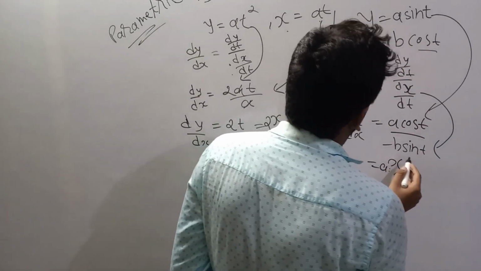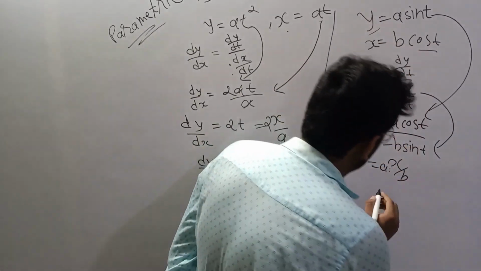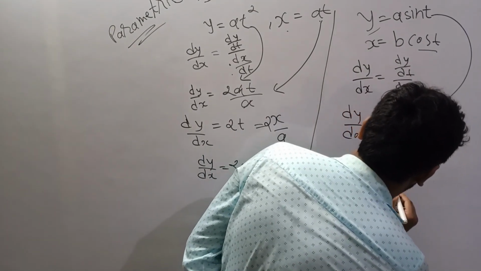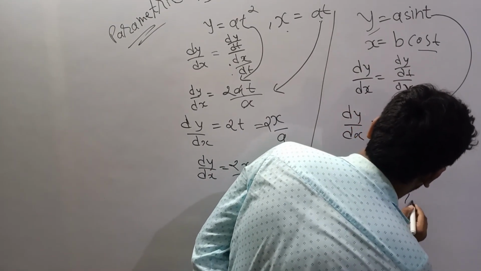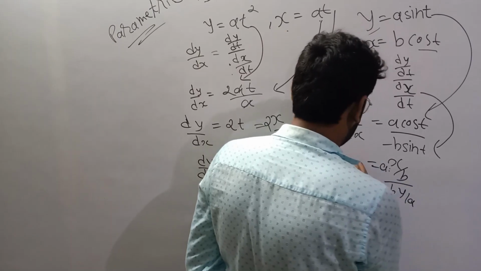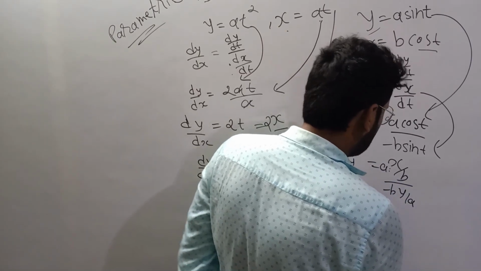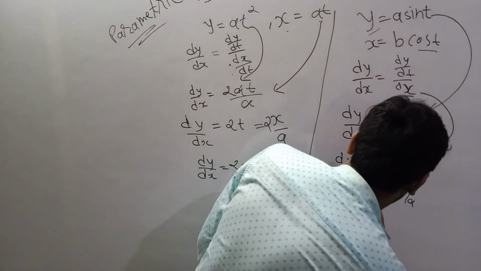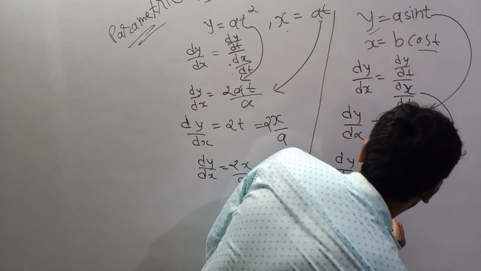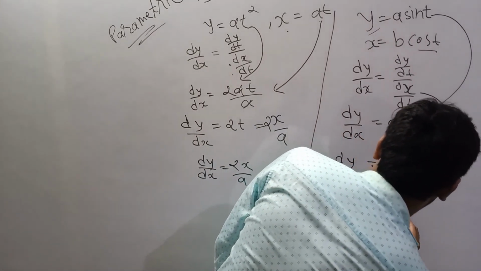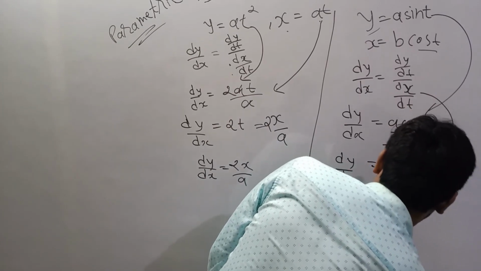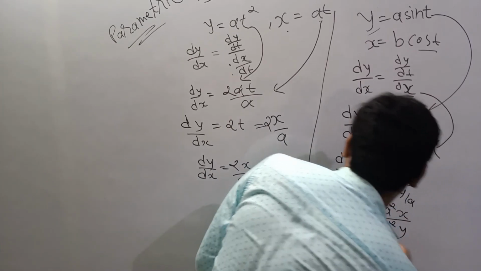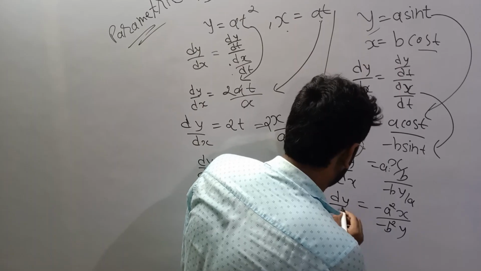And the value of sin t is y by a. So dy by dx, the final answer we will have is minus a square into x upon minus b square into y. This is our final answer.